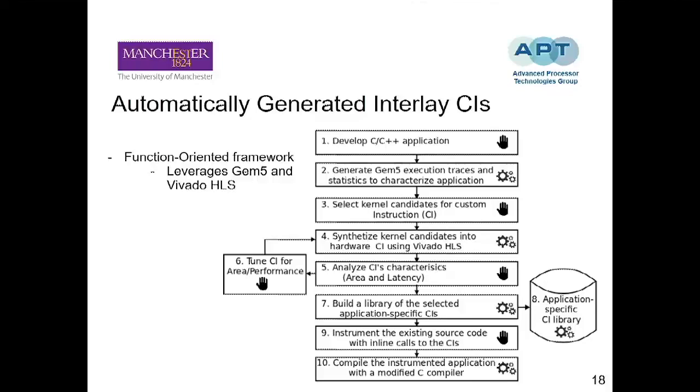This one is based on HLS, high-level synthesis. So we wanted to avoid the complexities of heuristics and all these things when you go for graphs in an application. So that was the idea, going for functions instead of lower-level graphs.